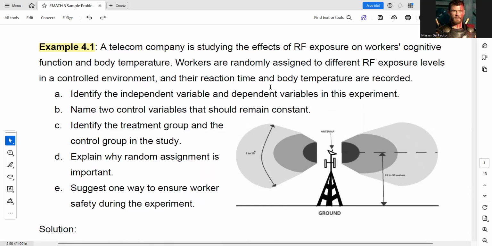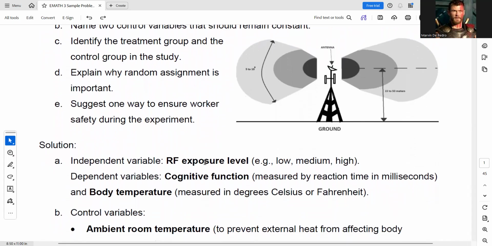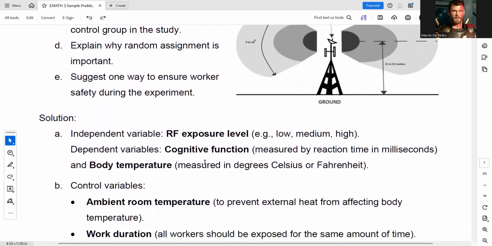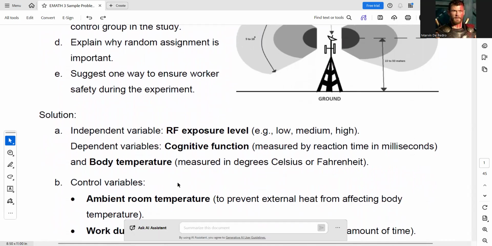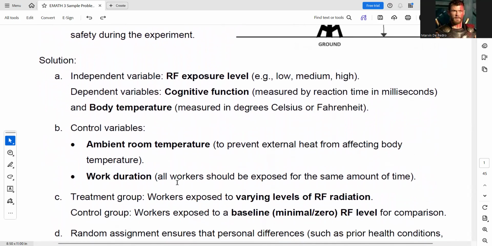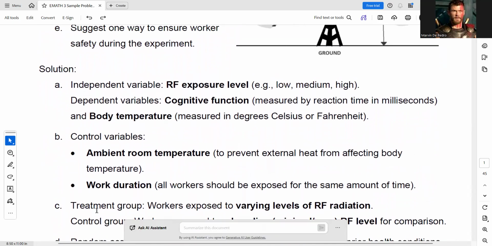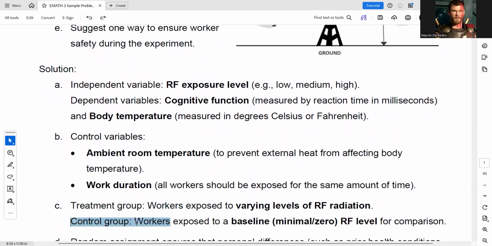So during the test, both the treatment and control groups must have the same work duration. All workers should be exposed for the same amount of time, whether they belong to the treatment group or the control group.